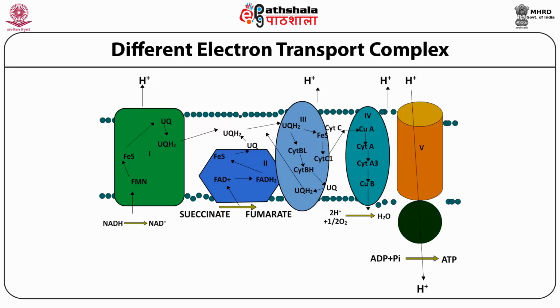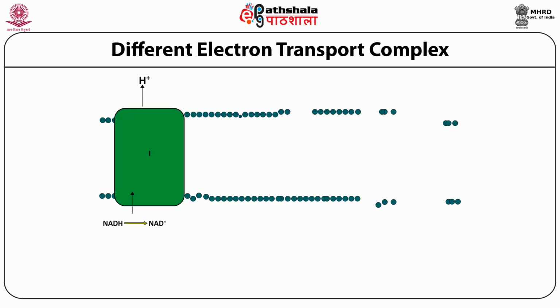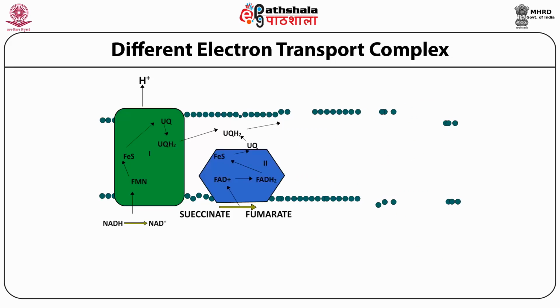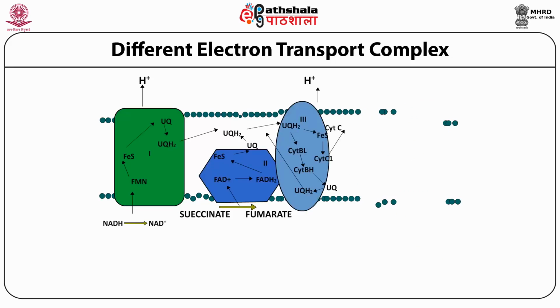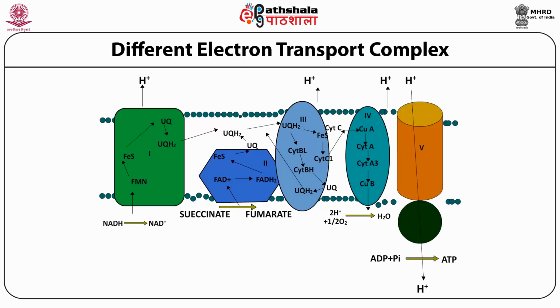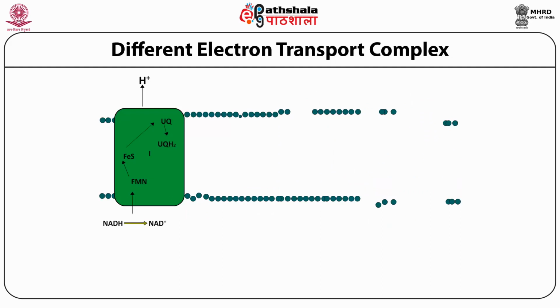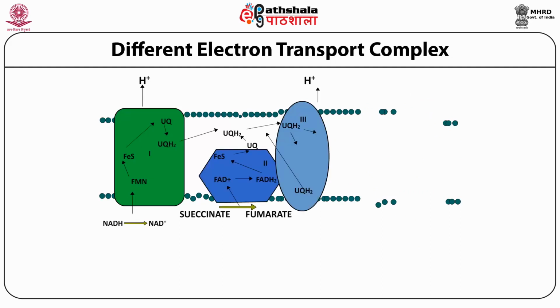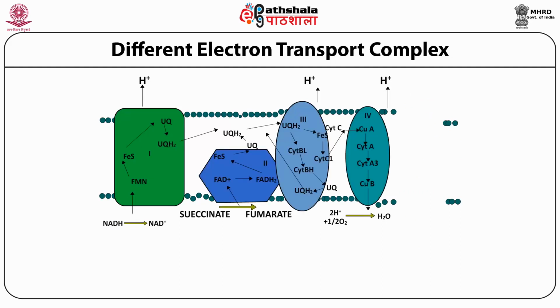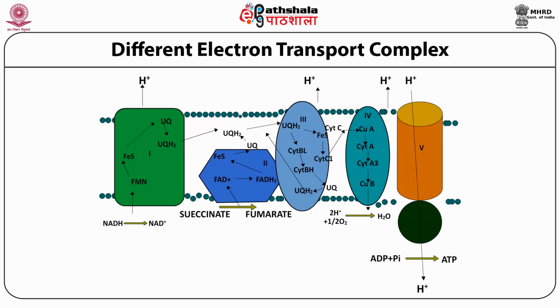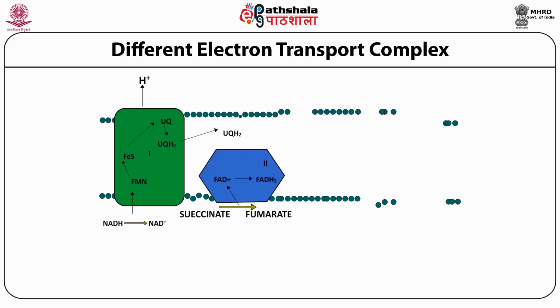First, reduced ubiquinone gives its first electron to iron sulfur center, and then iron sulfur center gives that electron to cytochrome C1, and then cytochrome C1 gives its electron to cytochrome C.